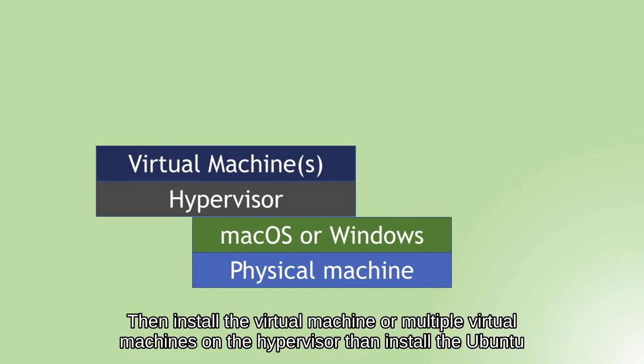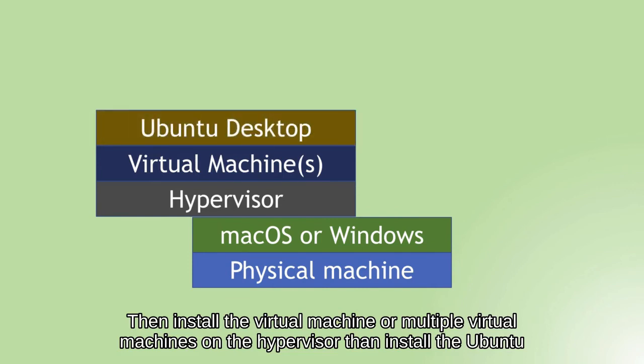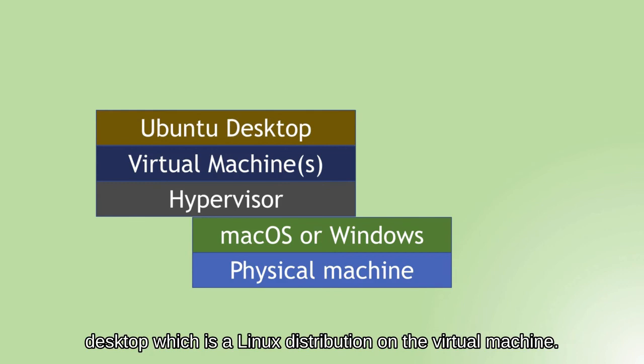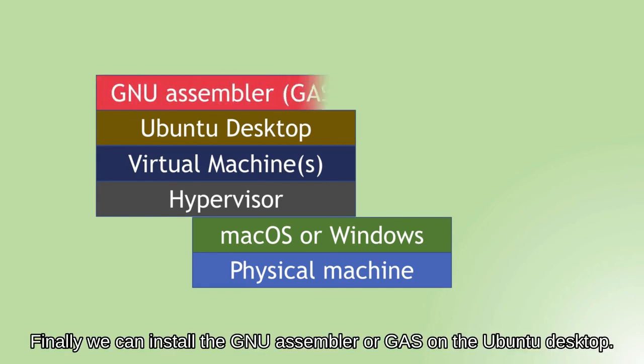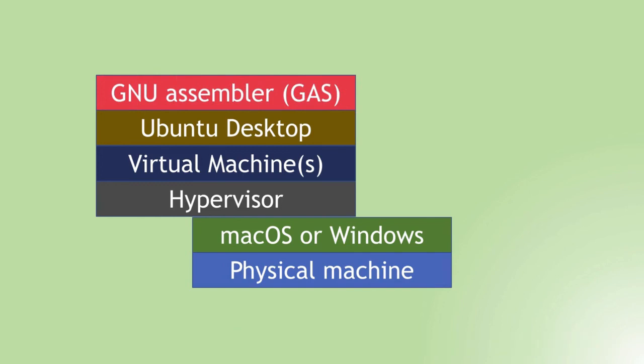Then install a virtual machine or multiple virtual machines on the hypervisor. Then install the Ubuntu desktop, which is a Linux distribution, on the virtual machine. Finally, we can install the GNU assembler or GAS on the Ubuntu desktop.